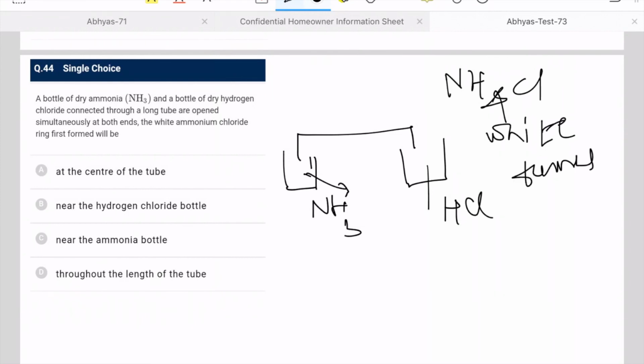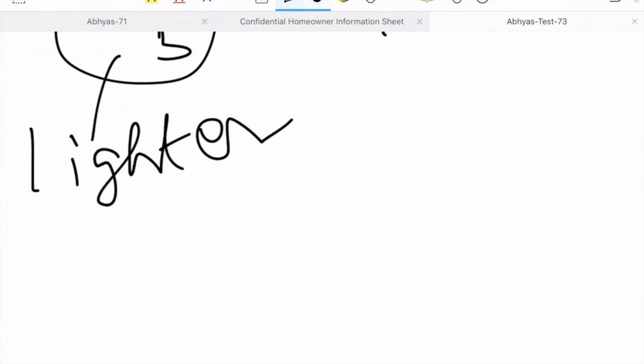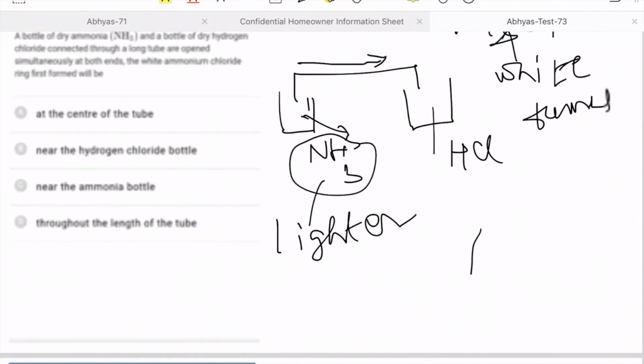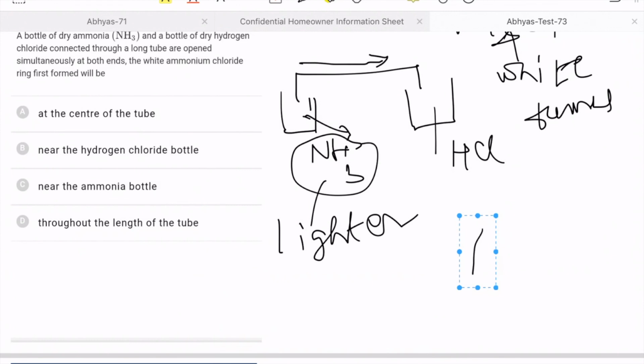So here ammonia is a lighter gas, so it will be moving fast. So it will be coming to, so near the HCl bottle only the fumes will be forming.